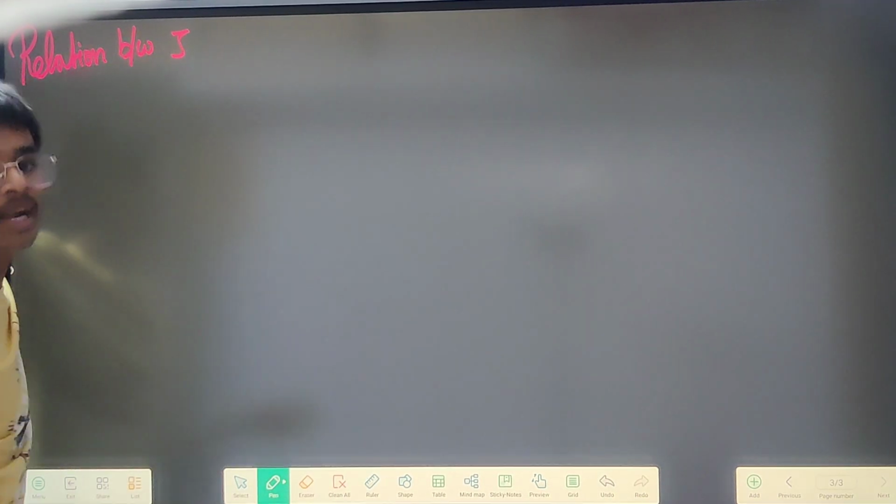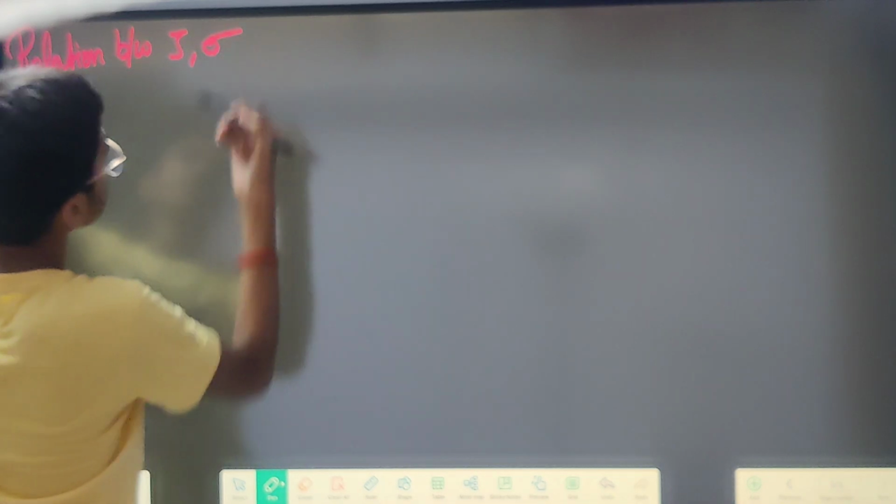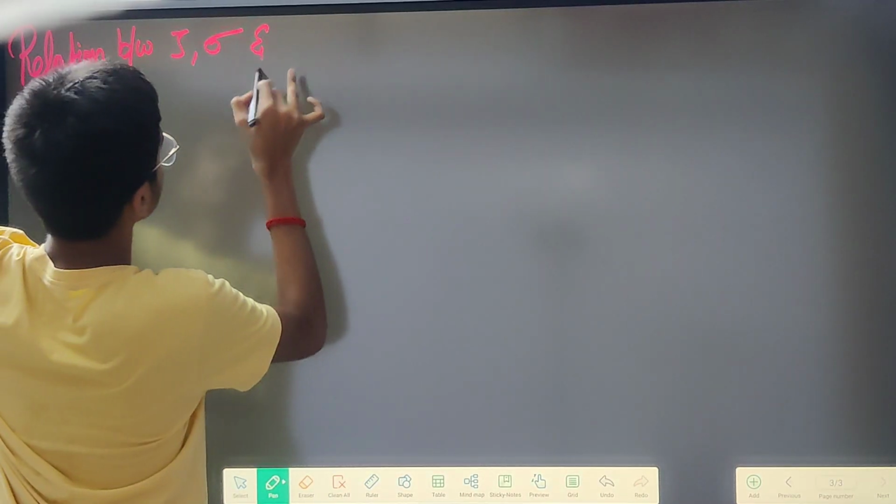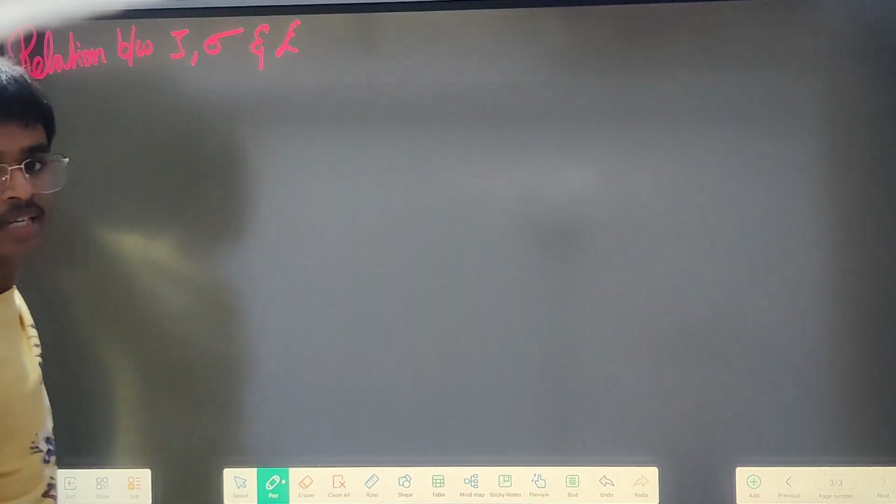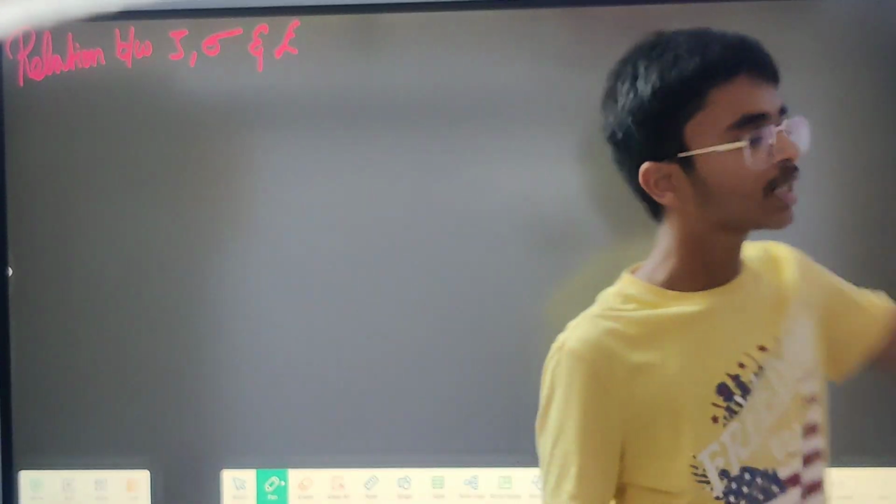Next we are going to check the relation between J, sigma and E, that is electric field. Relation between J, which is current density, then sigma, which is conductivity, and then E, the electric field. That is what it actually means.